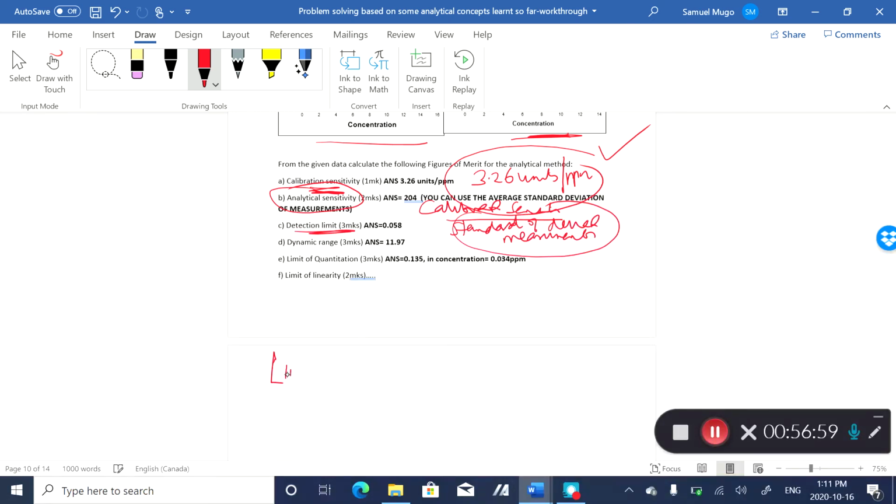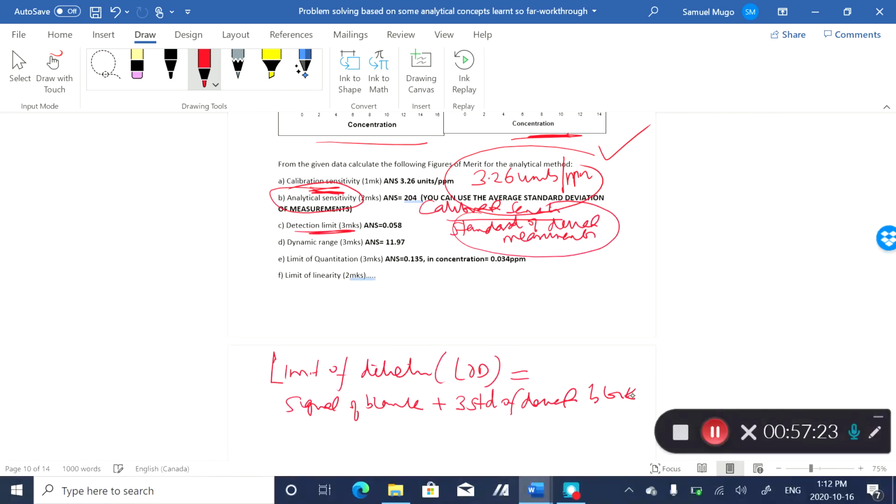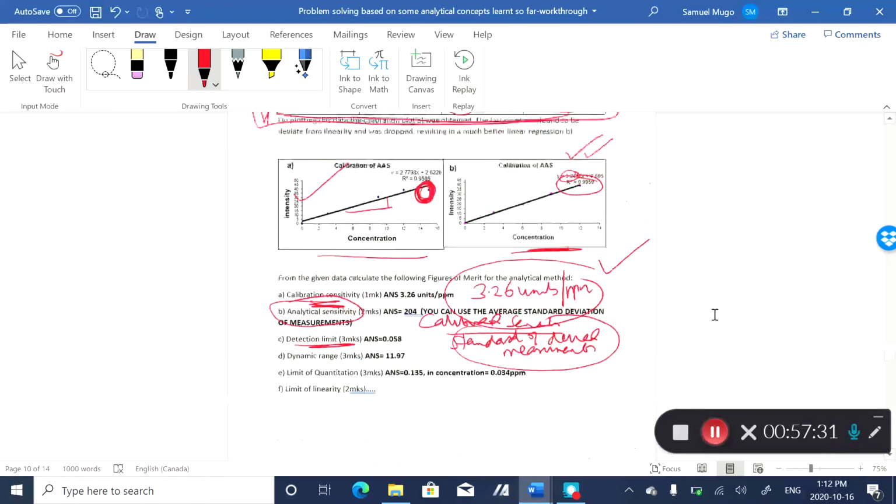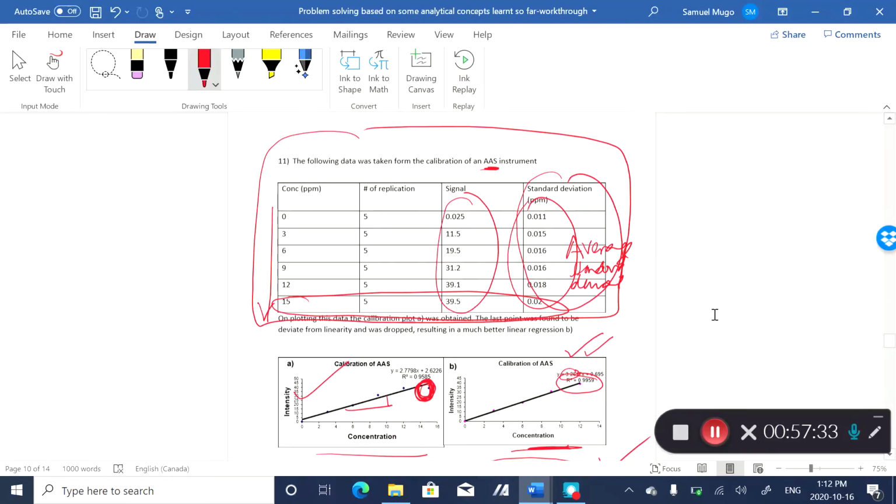So the limit of detection, if you check the notes, LOD, remember we said, is equal to the signal of blank plus 3 times standard deviation of blank. Okay, and this one is a limit of detection in signal form. So you can see the signal of the blank right there.